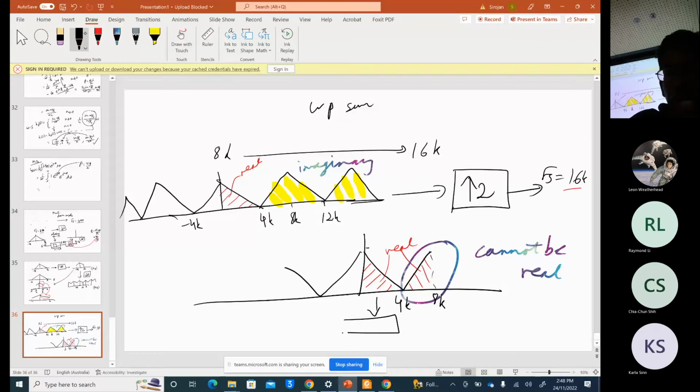To remove that, after removing it we have the content up to 4 kilohertz, then 0 up to 8 kilohertz. That is the final signal.